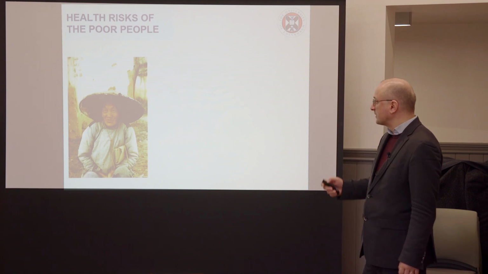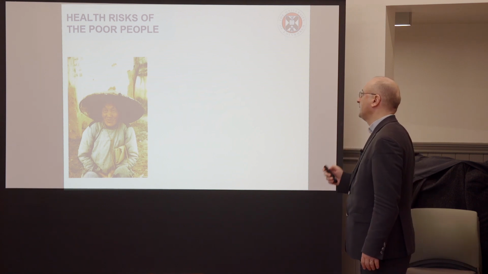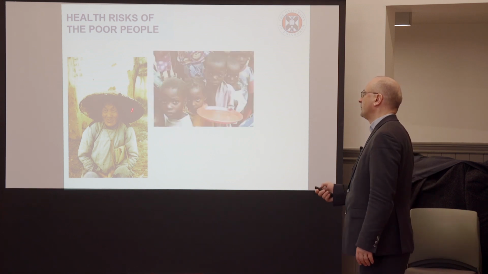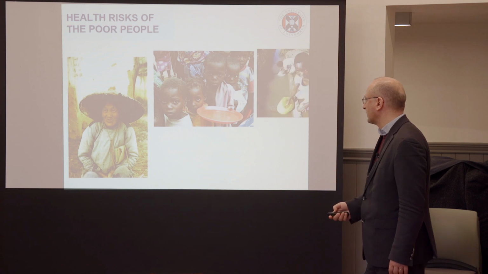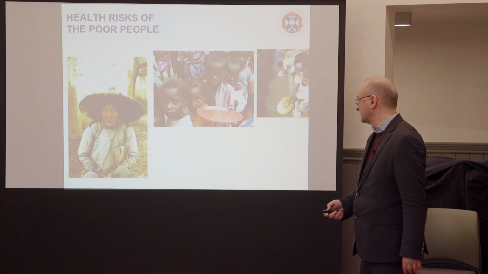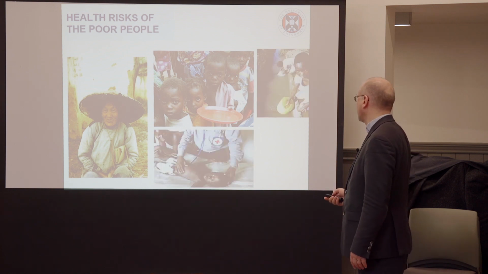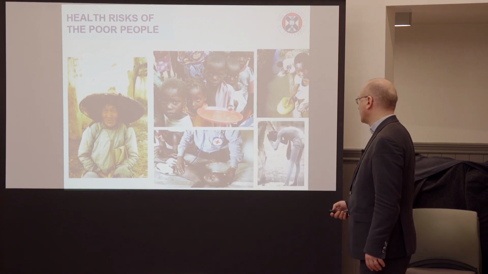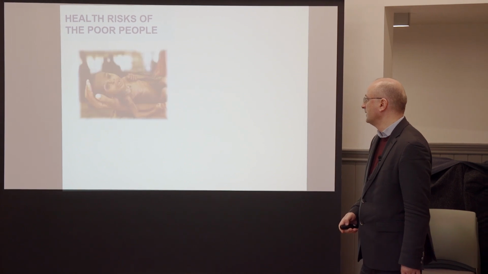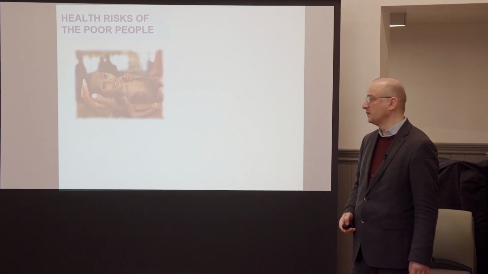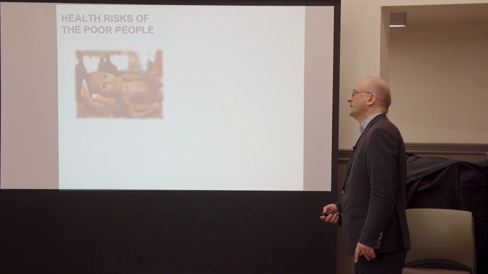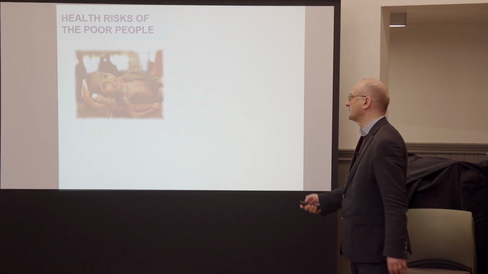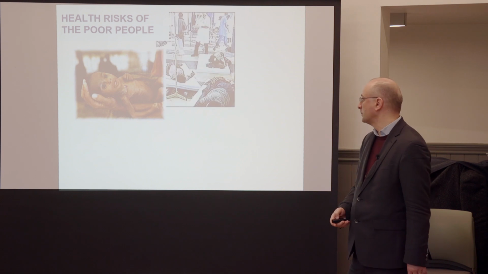So what are the risks of the poor people that make them so less likely to live longer? Well, obviously poverty, obviously lack of food, water which is not drinkable and not safe, very poor health systems, very poor sanitation, as you can see here, and then all sorts of other things, lack of money that the governments can invest even in vaccinating their children, so they're getting the diseases that they should not be getting.